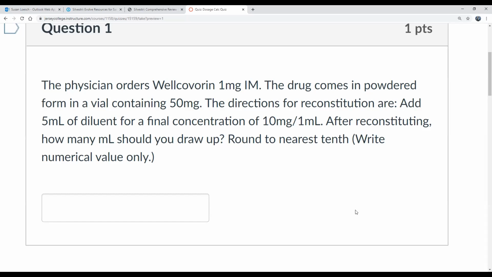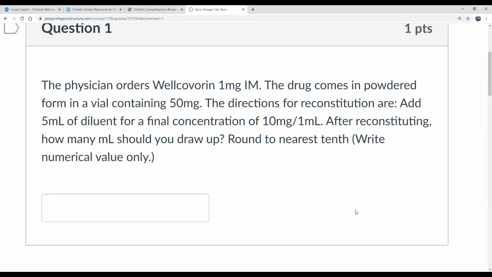So now you're just going to take your desired dose and put it over what you have on hand, times 1 ml. That 1 ml, by the way, is part of what you have on hand. So it's 1 milligram over 10 milligrams times 1, because that 1 ml is part of what you have on hand.